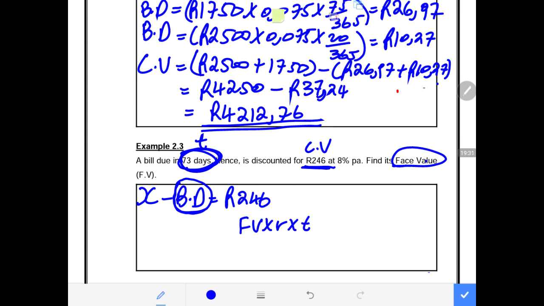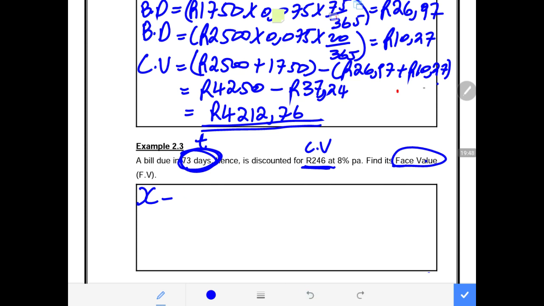So I need to expand that banker's discount first, so that we are very clear with that. In order for us to get to this banker's discount, remember, we don't know the face value.